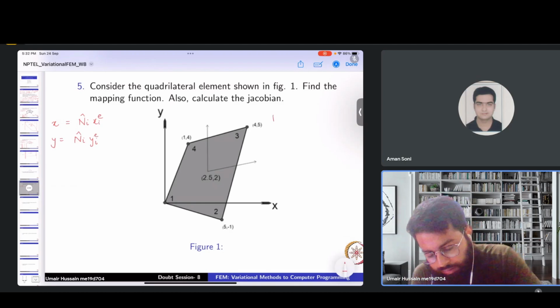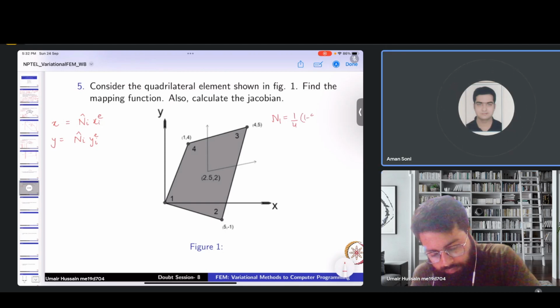So what are the standard shape functions for a quadrilateral element?